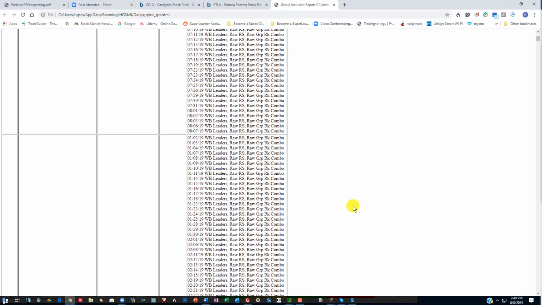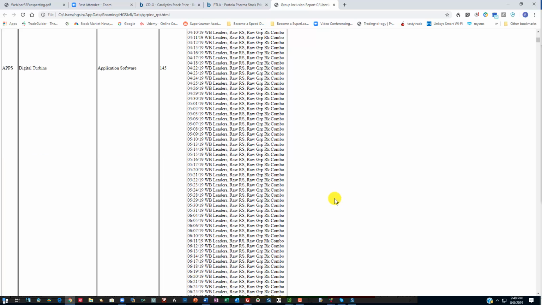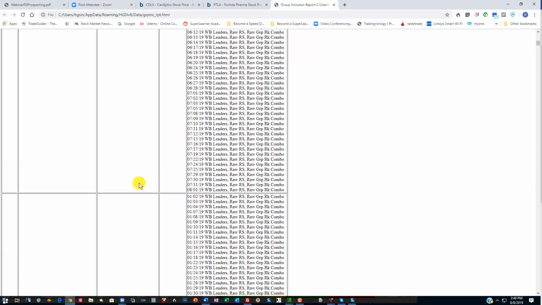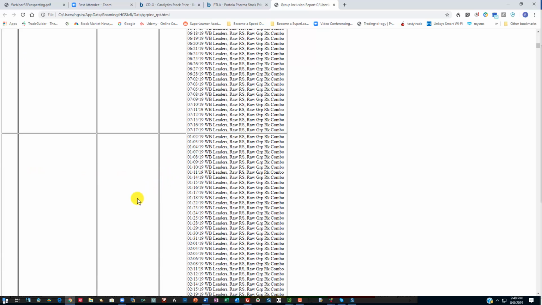Now as I scroll down here, you can see there are some familiar names. Now this is an inexpensive stock, APPS. It has appeared 145 times. It acts like it still wants to go higher. Rent-A-Center, been in and out of that one. Workiva, 132 times, and so on.